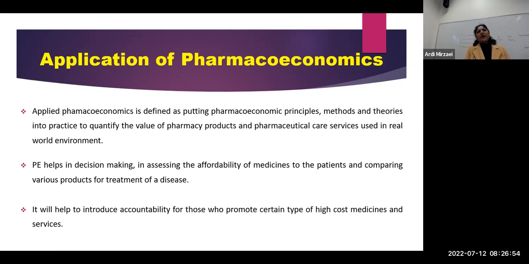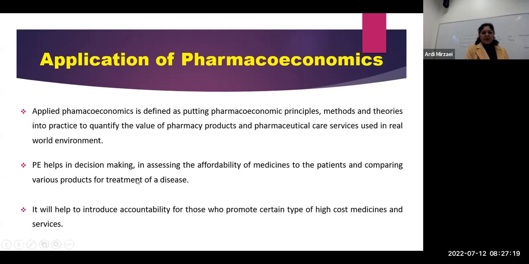It helps an individual doctor to choose a treatment option for a patient, it helps the hospital to choose certain medicines for the hospital formulary, and it helps the government to decide whether to invest in certain services. So we saw all that.